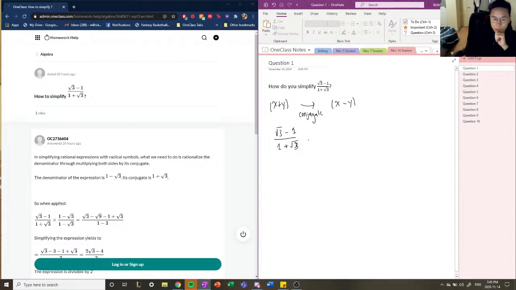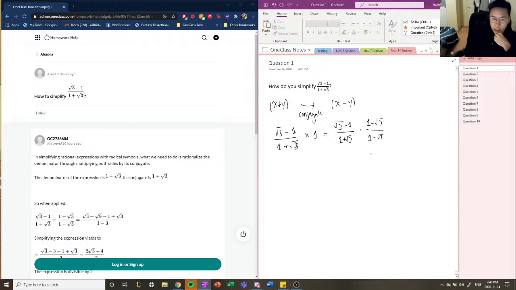Whenever we multiply anything by 1, it's the same term. However, we can express this 1 as 1 minus root 3 over 1 minus root 3. This still equals 1, but we have cleverly made it the conjugate on the numerator and the denominator.